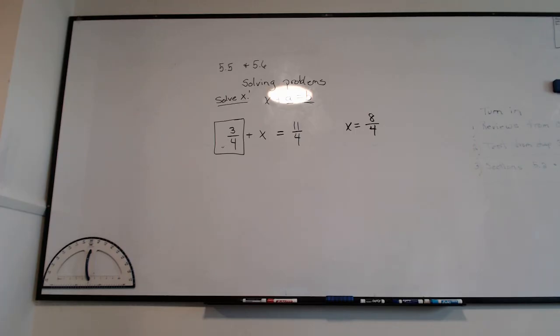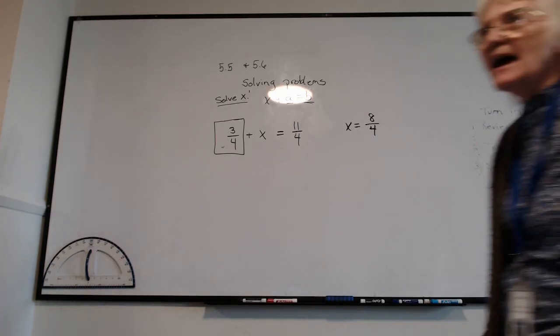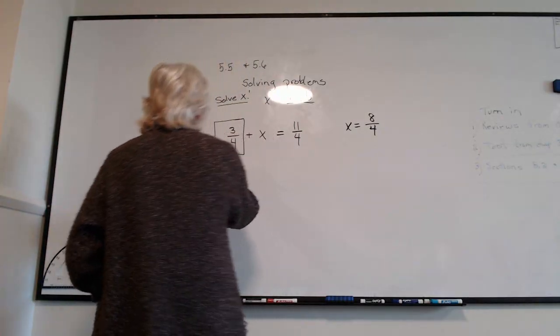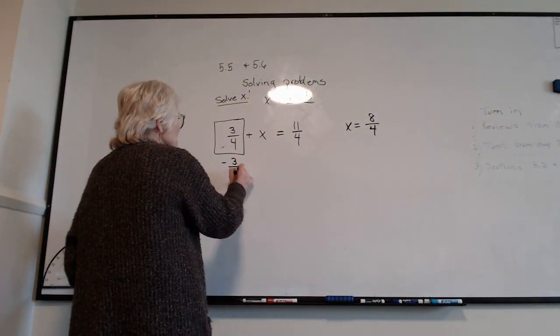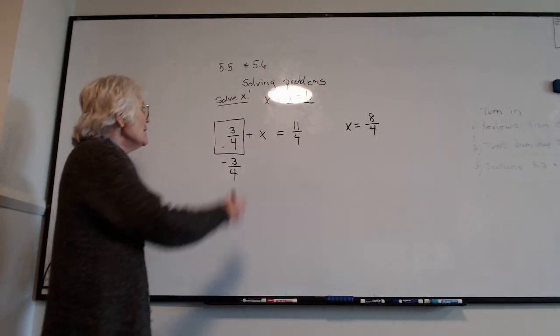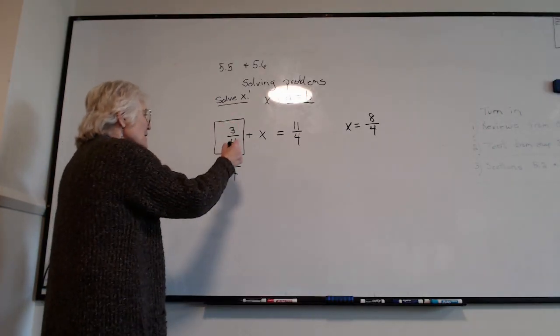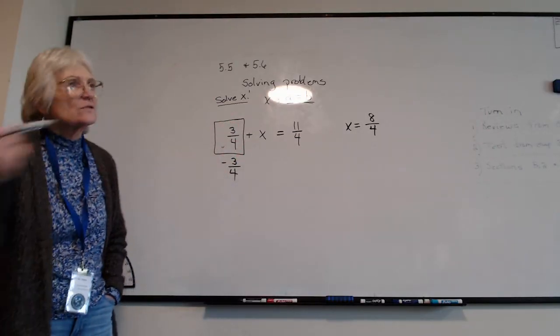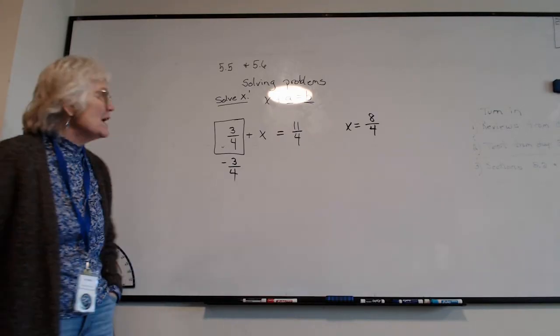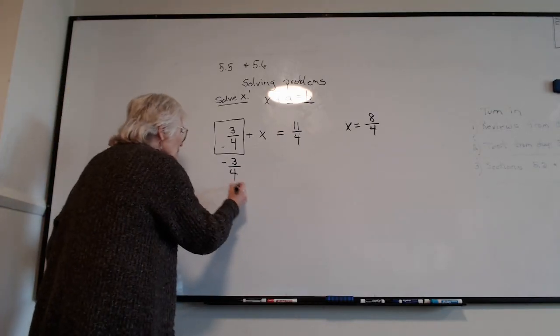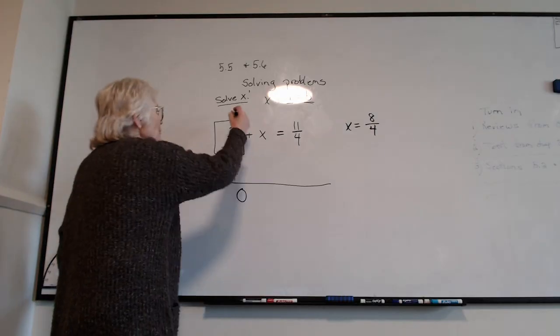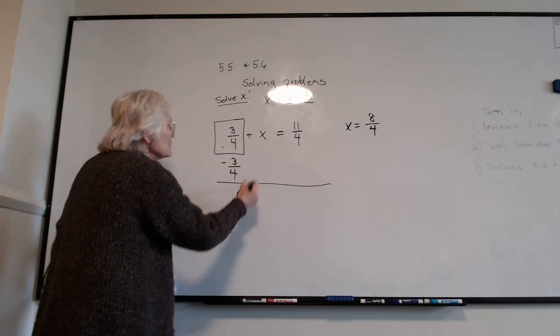Yes, add negative 3/4. Add the opposite. Add a negative 3/4, which is really subtracting, okay? Because positive 3/4 plus a negative 3/4, or subtracting 3/4, either way makes 0. So what we actually did is we made 0.